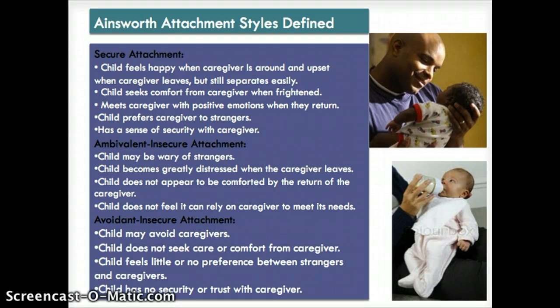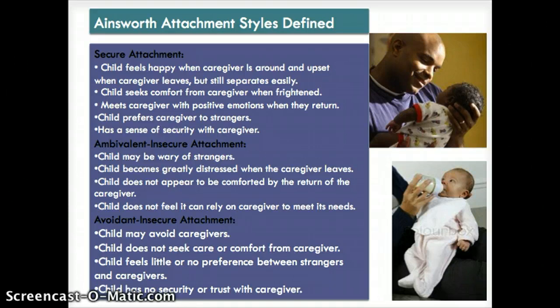Securely attached children have caregivers who provide them with positive emotions. When the caregiver returns, the child greets them and is excited to see them. Securely attached children prefer their caregiver to strangers, and they have a sense of security with their caregiver.